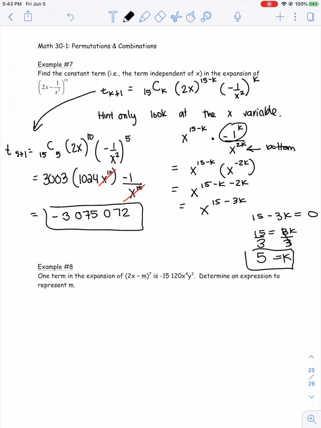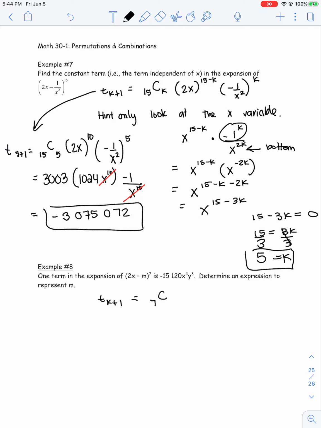Here they're saying one term in the expansion is this, where we have negative 15,120 x to the 4, y cubed. They're saying determine an expression to solve for m. So we'll put this into our actual equation, where our general term, term k plus 1, is equal to always our n, which is 7, choose k.